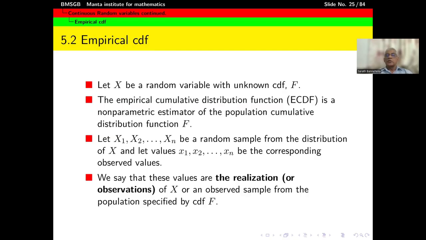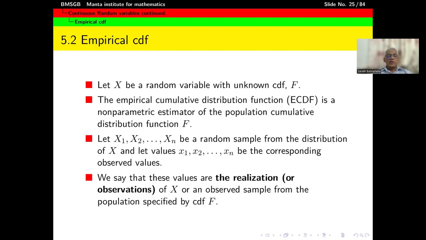In that kind of situation, we use a non-parametric method to estimate the unknown cumulative distribution function F. This estimated cumulative distribution function using the data is called the empirical cumulative distribution function, ECDF.